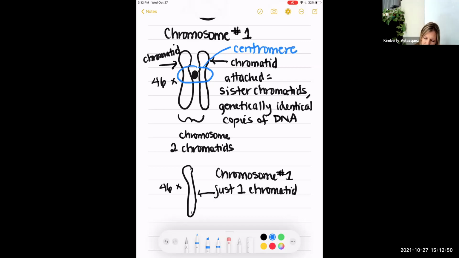In this region are two really important structures, these little ring structures, to which microtubules are going to attach to pull those two sister chromatids into two separate cells. The whole reason this cell made a genetically identical copy of its DNA is to pull that into two separate cells during cell division and make two new genetically identical cells.